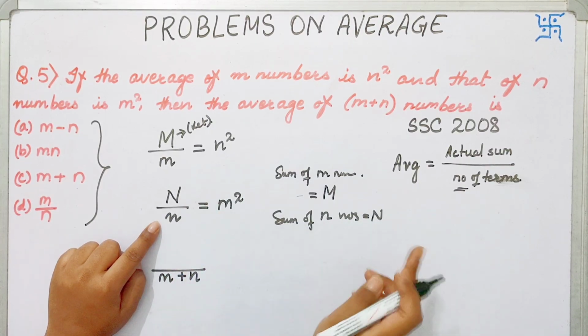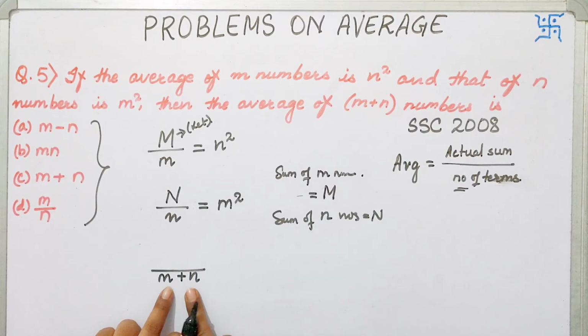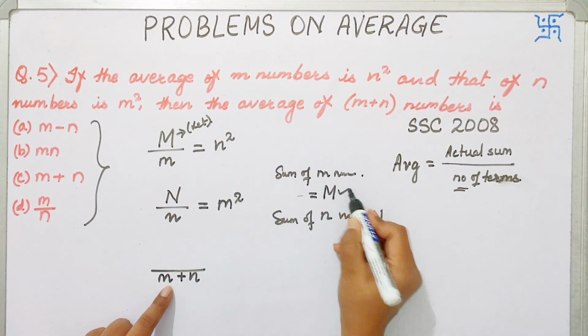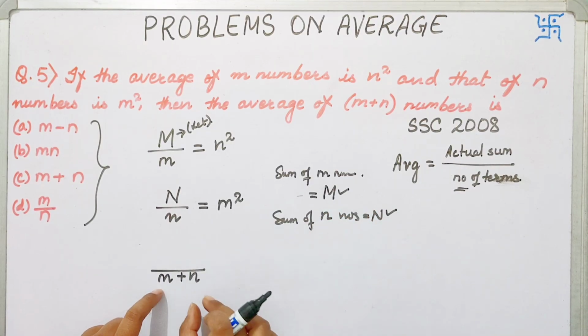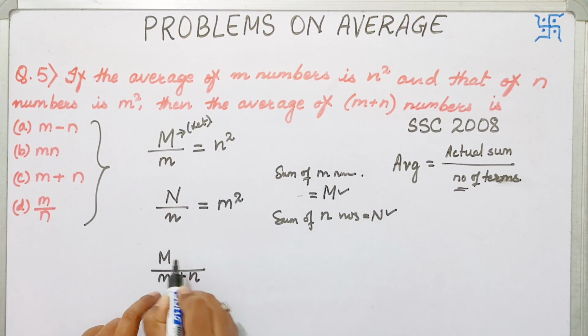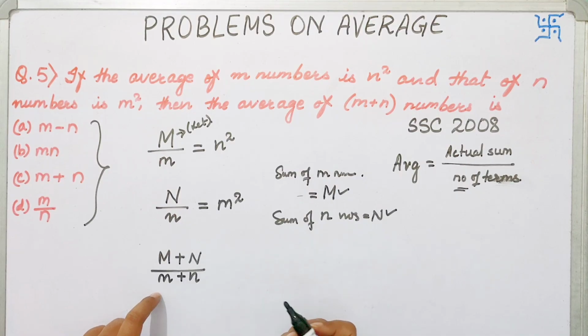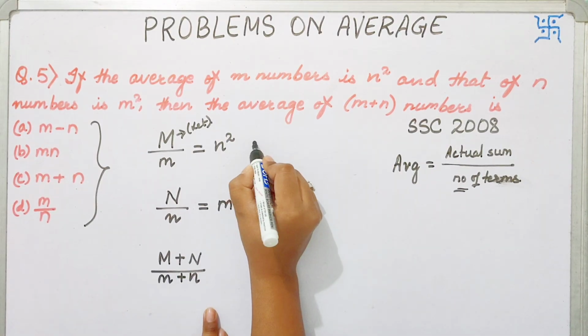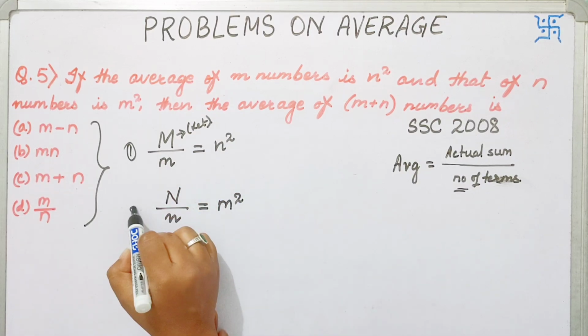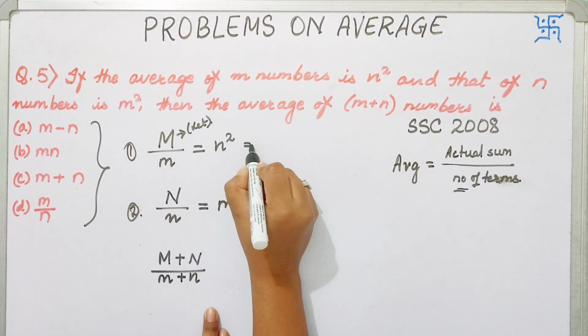This is also what we have assumed. So if we are calculating both together, we are calculating the average of m plus n numbers. So the sum of m numbers plus sum of n numbers, that will be m plus n over here.